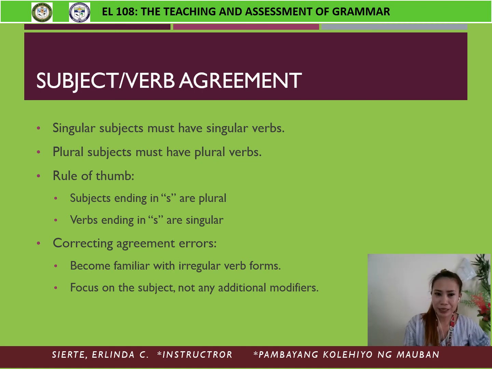But of course, there is an exemption when we say subjects ending in S are plural. For example, the words mathematics, politics, economics are plural in form but singular in meaning. So that is the exemption. Next is correcting agreement errors.